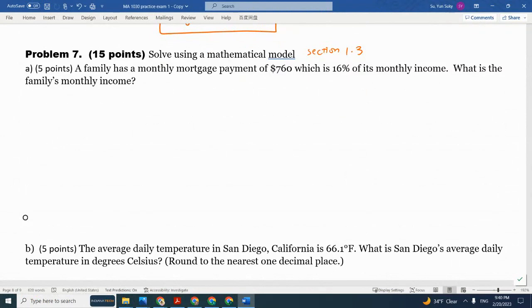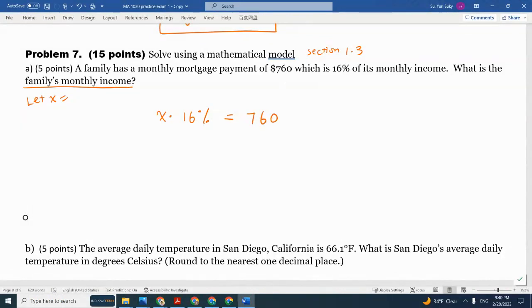A family has a monthly mortgage payment of $760, which is 16% of its monthly income. What is the family's monthly income? Well, you can let x be the family's monthly income. Monthly income times 16% is 760.